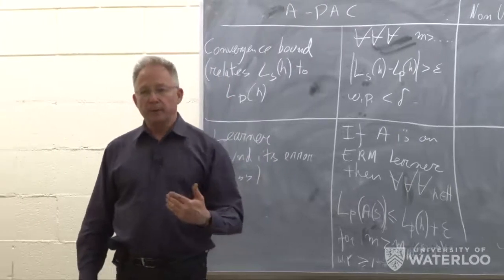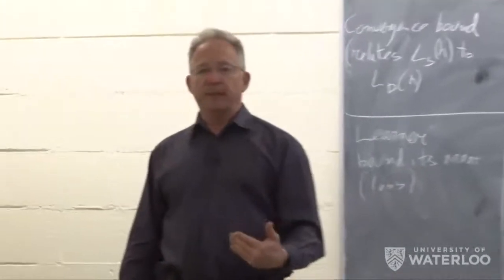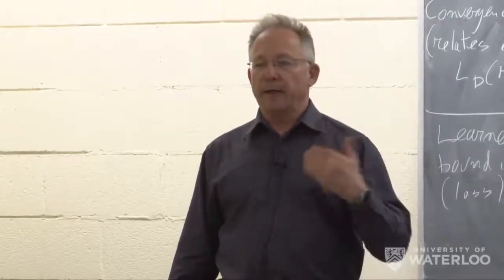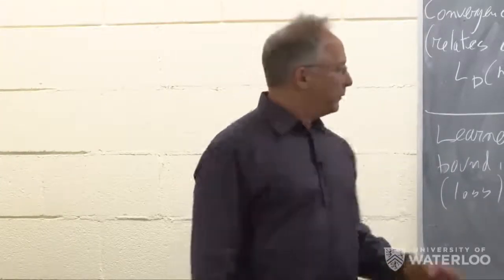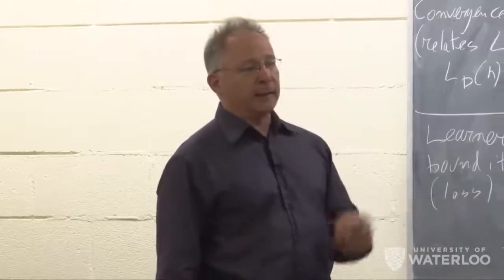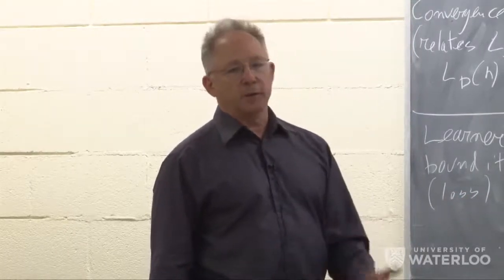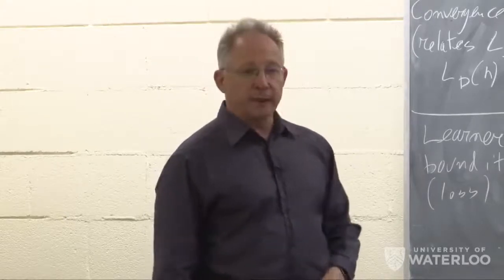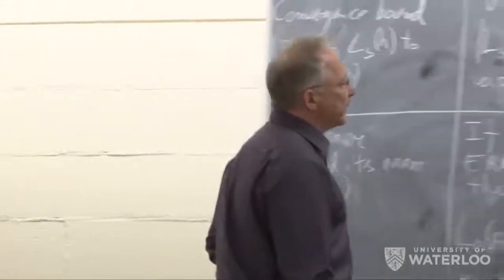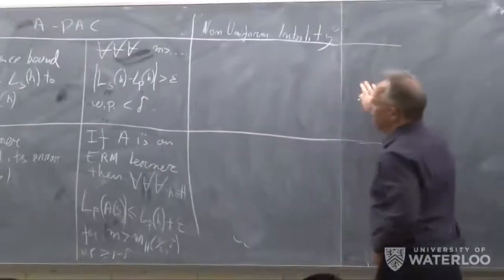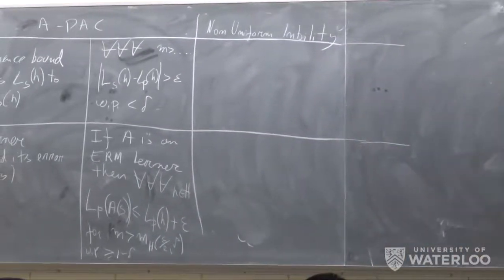Now we want to repeat the same two steps with respect to non-uniform learnability. We want a convergence result, and then an algorithmic paradigm that will take advantage of this convergence result. The convergence result is what we saw last time. Last time we only did the convergence result.